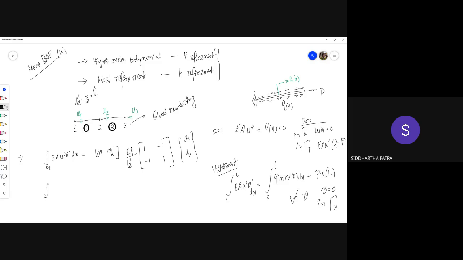Now this integration over the element 2 would be, in this case, v2 v3. So this basically is your v hat transpose EA by LE2, [1 -1; -1 1] times u2, u3.